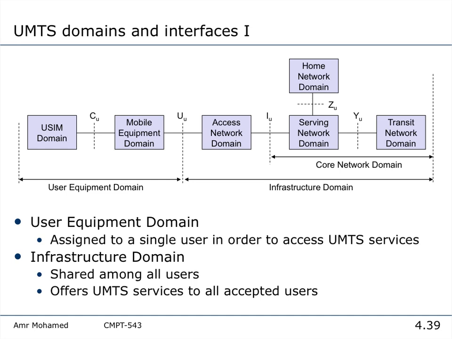And sometimes when you roam from the home network domain to the serving network domain, you also have to pass through some transient network domain. The transient network domain is a temporary network domain that provides the interaction or the interface between the home network and your visited or serving network.